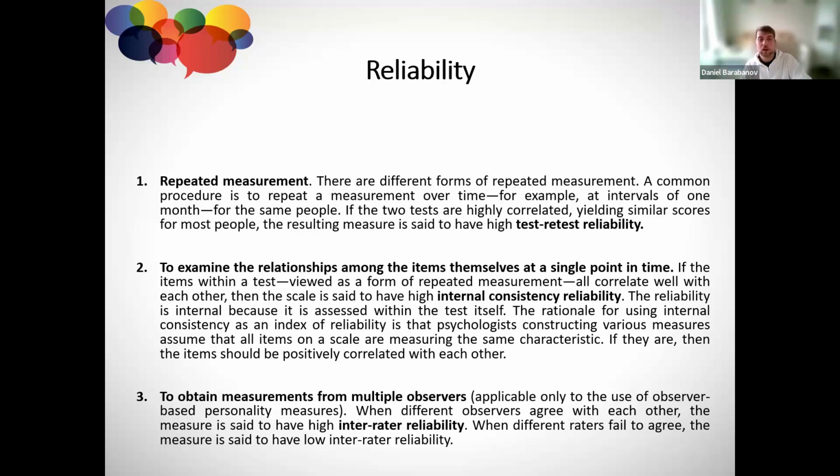The second way we can measure reliability is to examine the relationships among the items themselves at a single point in time. So imagine you have a personality test which measures impulsivity. You have 20 questions asking about different aspects of being impulsive, different situations, and so on.